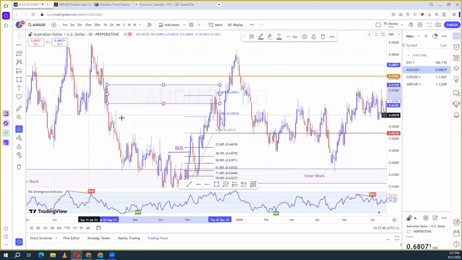After this low was taken out, we have that supply zone. The market came there and deceived them as if it was going to hold and did what? Broke it. So it would have been a good profit if I took it here and I ended my trade here. Simple. And I'm out. So that's a way you can do it.